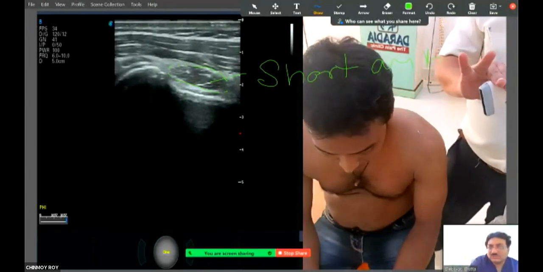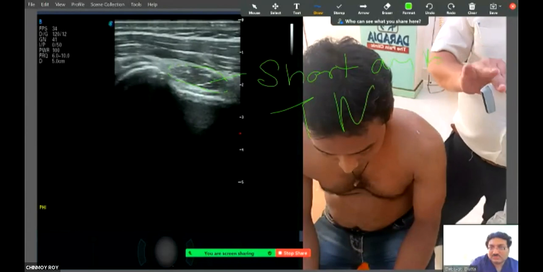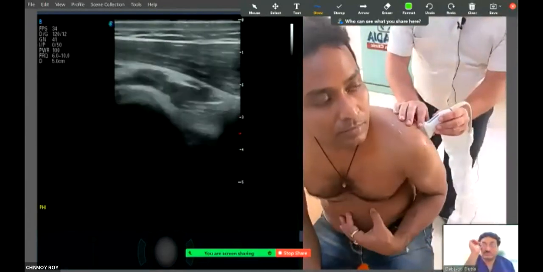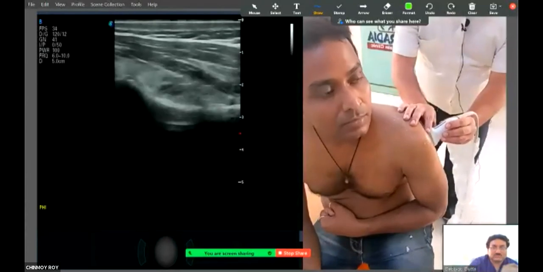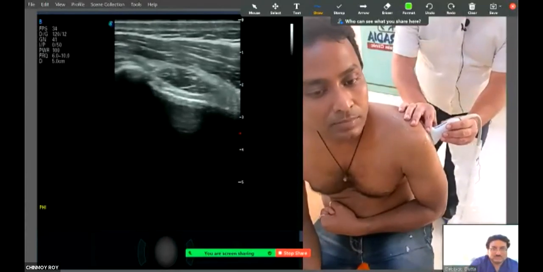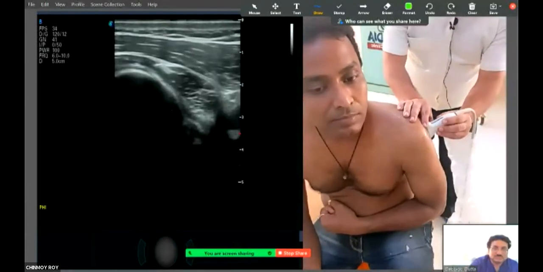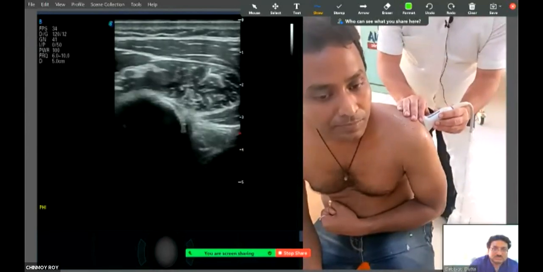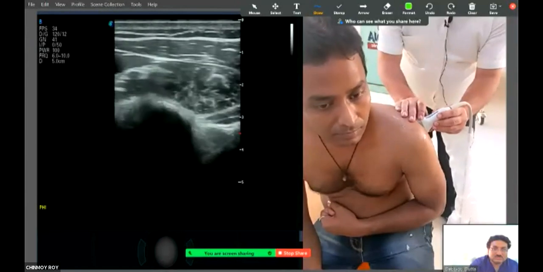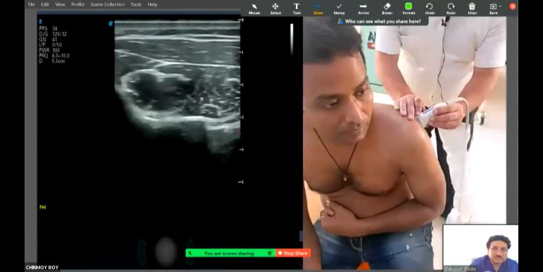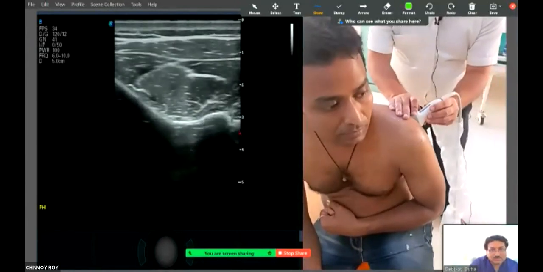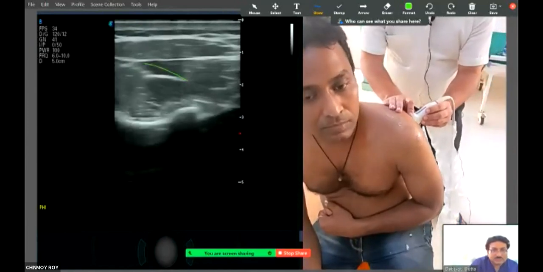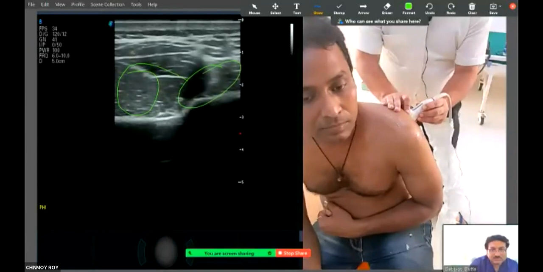Just try to follow that muscle. This is the teres minor muscle. This is very easy from here. As soon as it is coming like this, the rightmost portion is one muscle, and there is another belly coming. This is the infraspinatus muscle, and the lower part is the teres minor muscle.